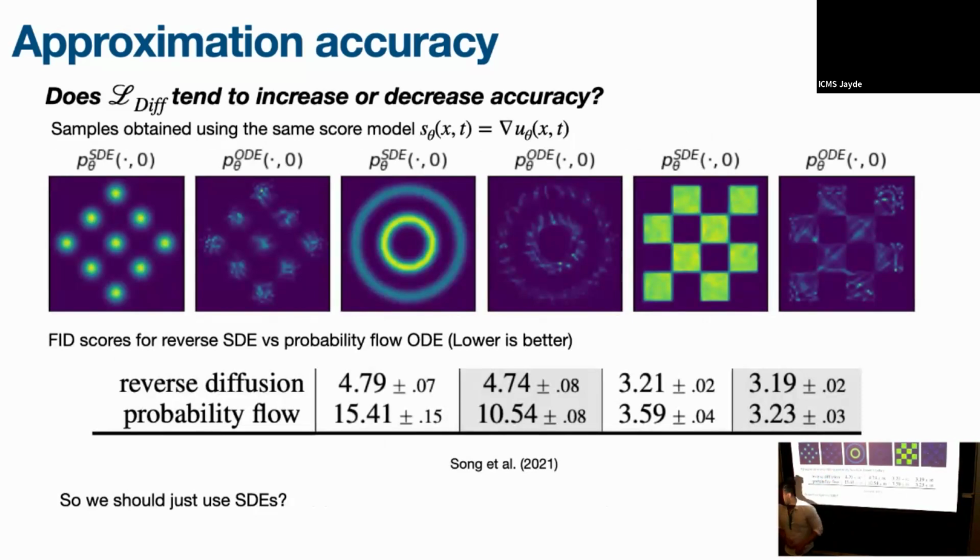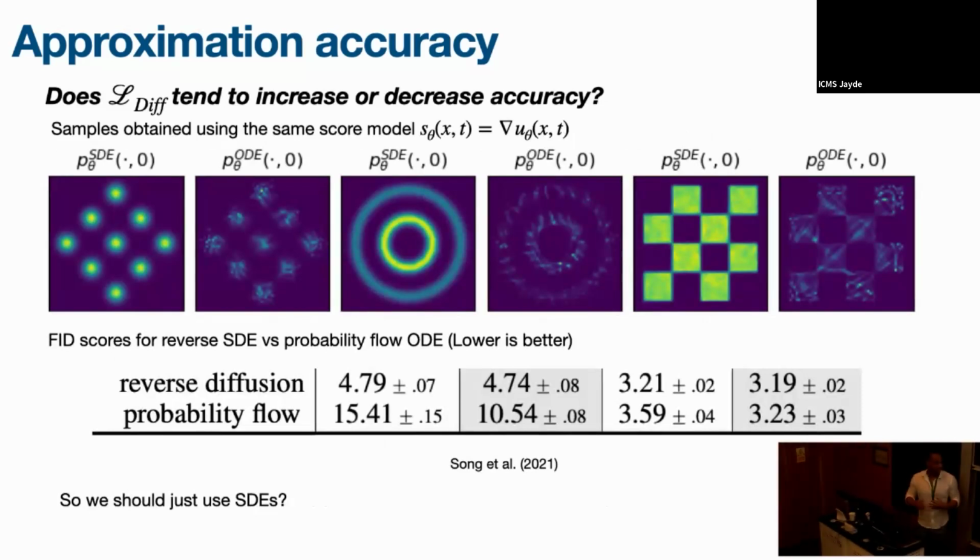Visually, it looks like this L-diff is having a negative impact. We're moving away from the data distribution that we want. Although in high dimensional settings, if you were working with images, you might not notice, because all of these samples are in high probability regions. They'd probably be quite convincing images. But if you look at the underlying distribution, you can see there's clearly a difference here.